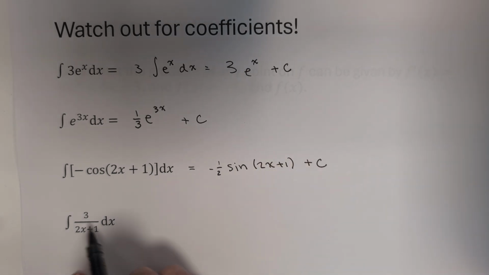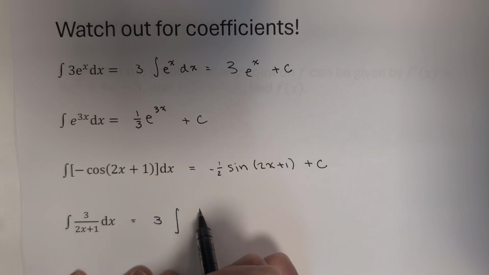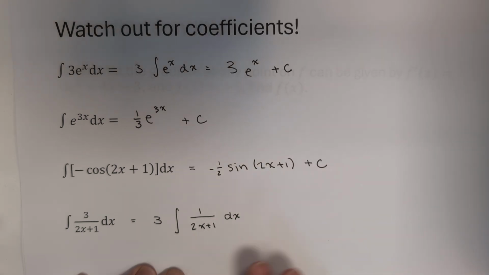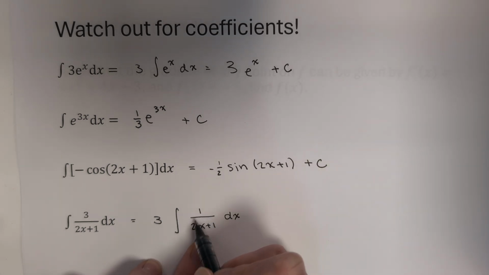Okay. And then the same thing here. This looks a little bit funky. You could just say, well, I'm going to pull out the 3 and deal with that after and say this is 1/(2x plus 1) dx. And what has this kind of derivative? If you look in your formula booklet, 1 over something is actually the ln of the thing.